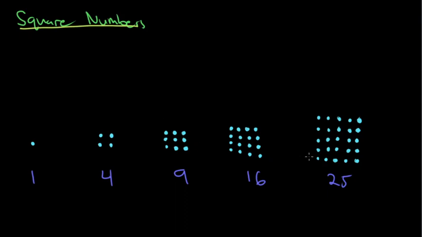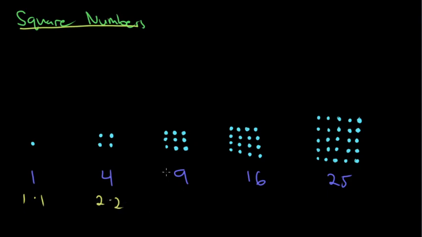We have here the first 5 square numbers. What we mean by square numbers, basically sila yung product ng factors na magkamukha. So, si 1 ay product ni 1 times 1. Si 4 naman ay product ni 2 times 2.